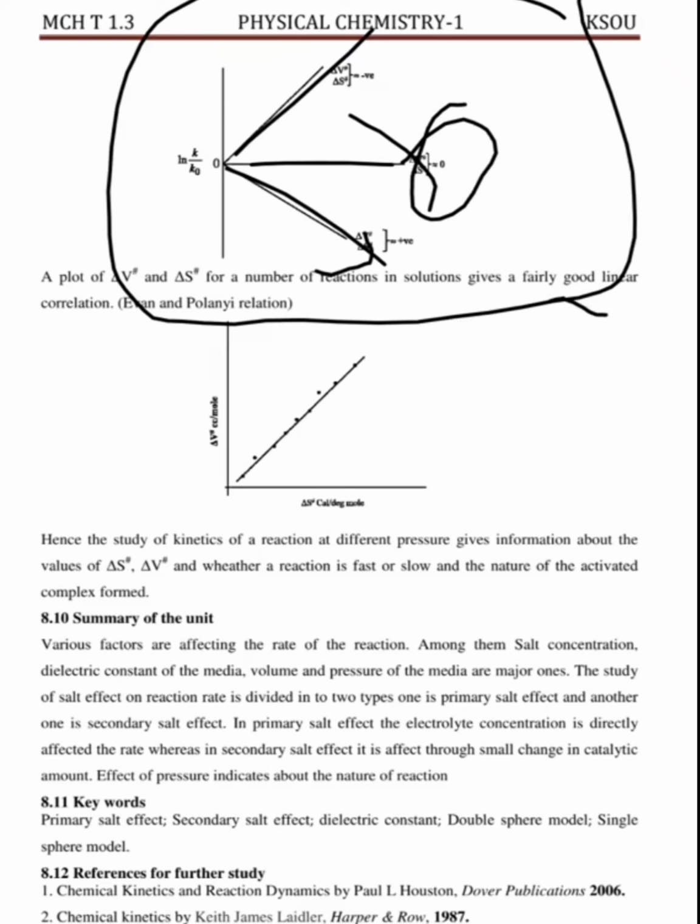The kinetics of the reaction differs by varying the pressure and volume. You can determine whether the reaction is fast or slow, and the nature of the activated complex can be studied.